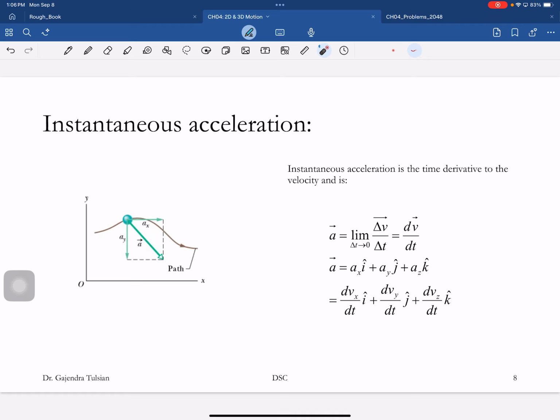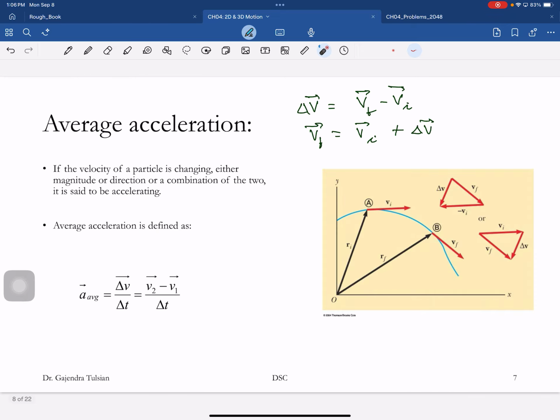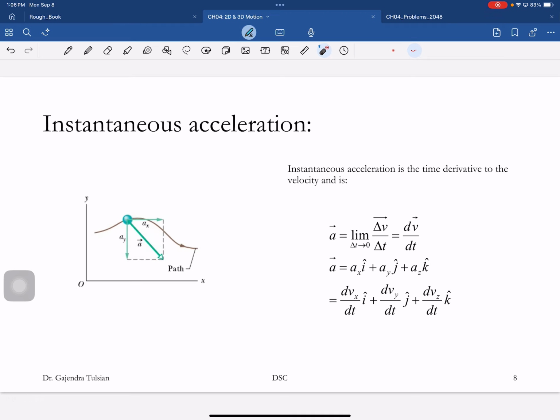Okay, so on a curved path, let me tell you, this tangential acceleration is due to your speed changing. And this centripetal acceleration, by the way, this diagram is slightly off.